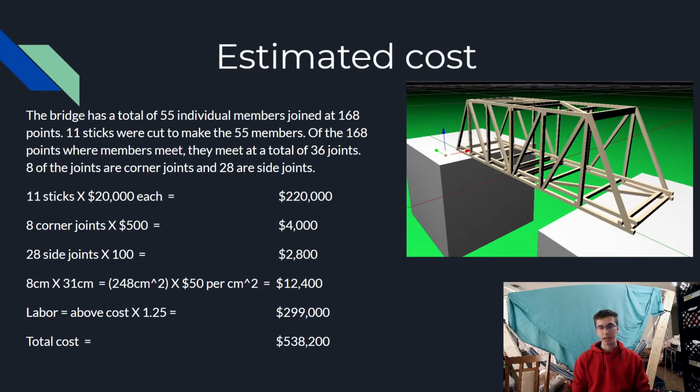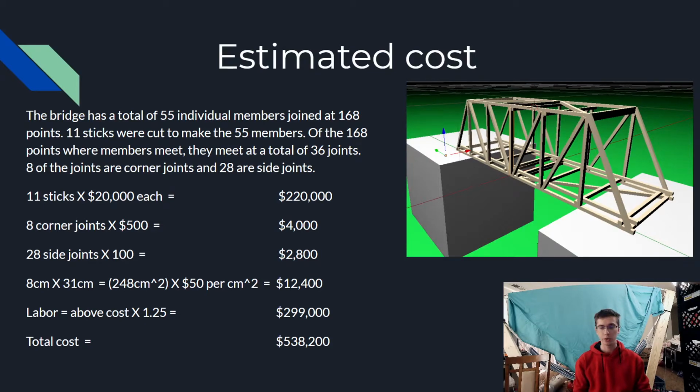Now, the estimated costs. By using this software, I can figure out exactly how much it's going to cost because I know exactly how many pieces there are and I can count it. And with this bridge design that I decided to make, there are 55 individual pieces cut from these sticks. There are 55 pieces, and they are joined at 168 spots.